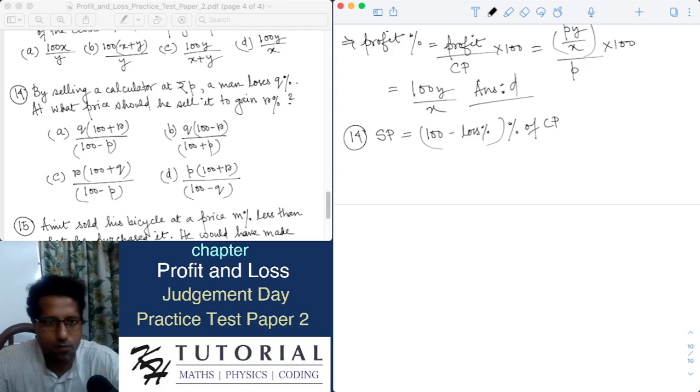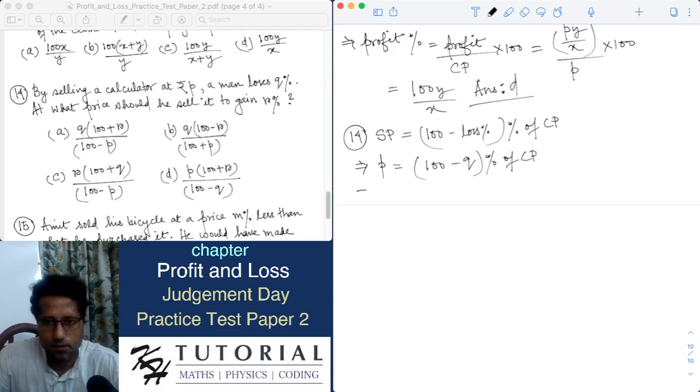Now, if we apply this formula to the fact that by selling a calculator at rupees P, a man loses Q percent, we get selling price, which is P, equals 100 minus the loss percent, which is Q, percent of CP.